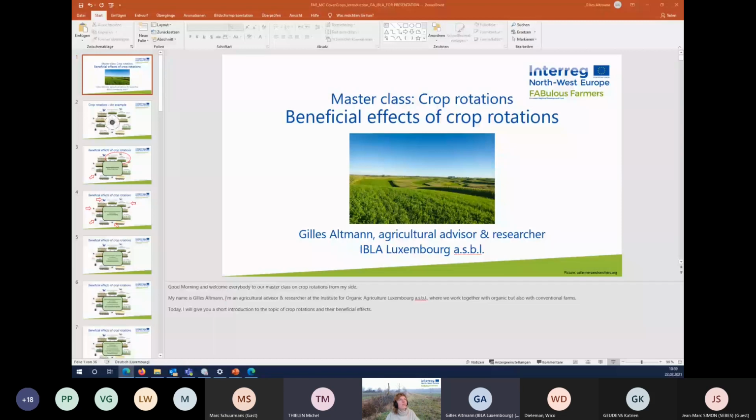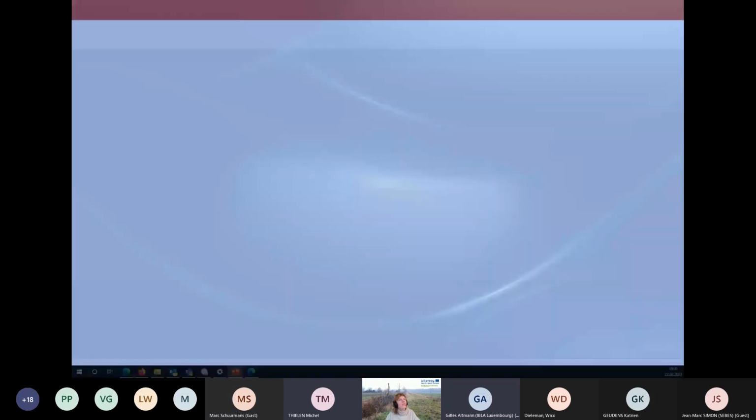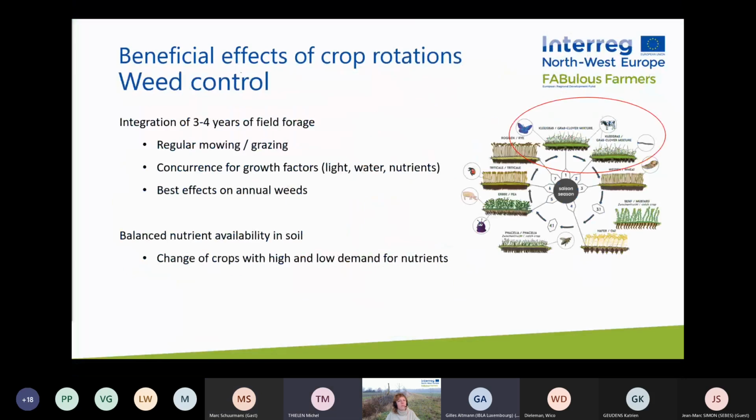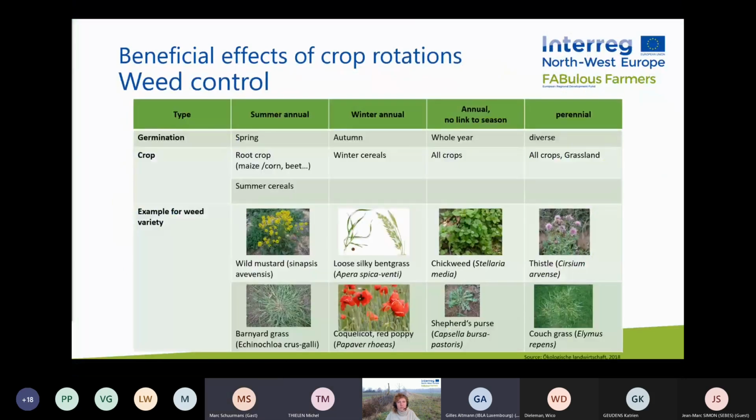Yeah, well, of course, I think the good thing is that this is one of the less problematic weeds, because it has also a lot of positive effects on the soil. So you have some soil cover, you have protective effects for erosion, for the water regulation in the soil.